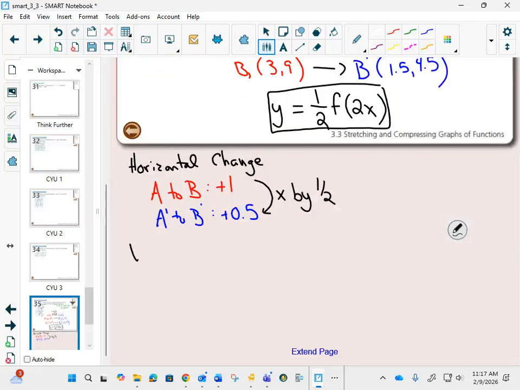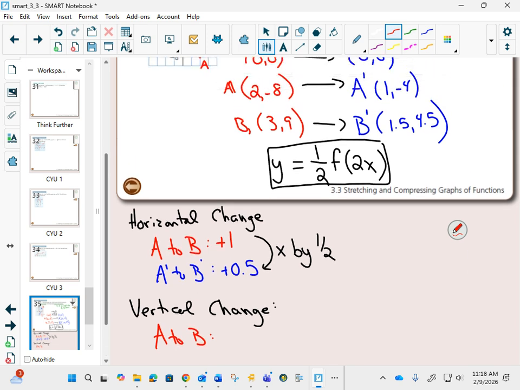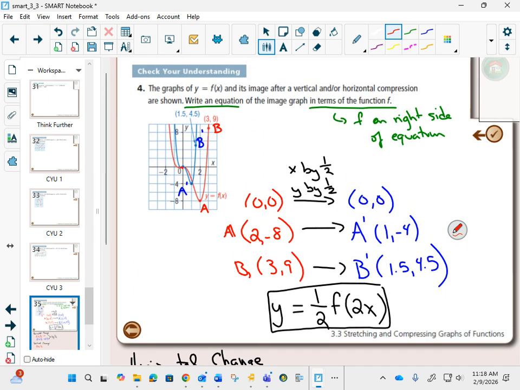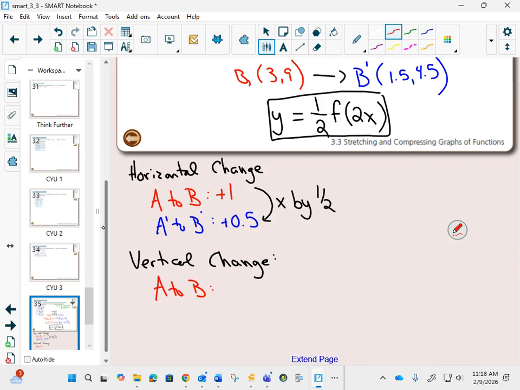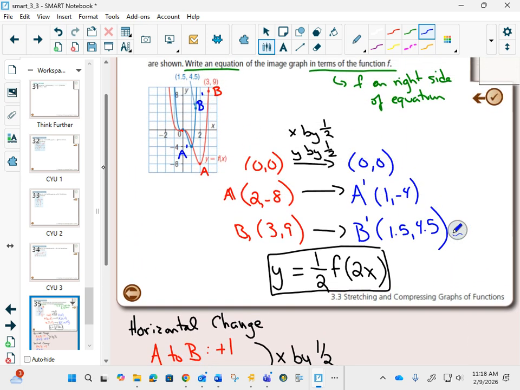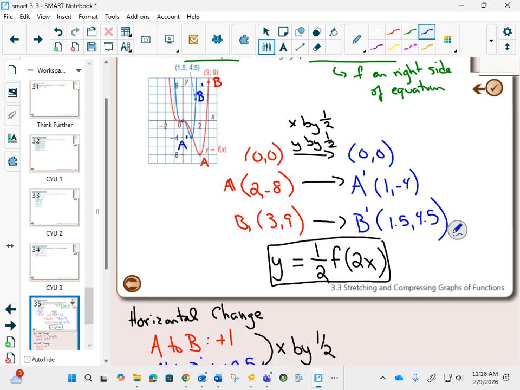The vertical change. Again, on the red graph, from A to B. If you are going up, it's positive. So I'm at -8, I go up to 9. I'm going up 17 units to go from A to B. On the blue graph, A prime to B prime, I would go from -4 up to 4.5.